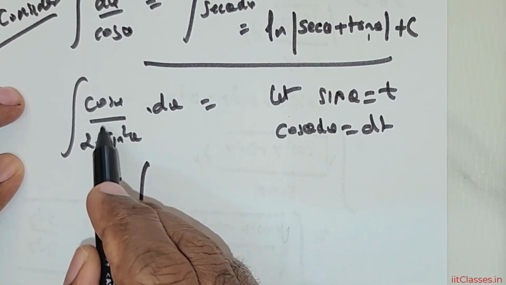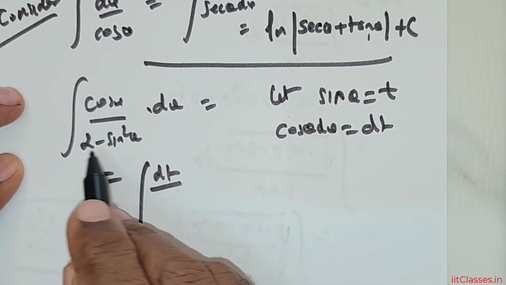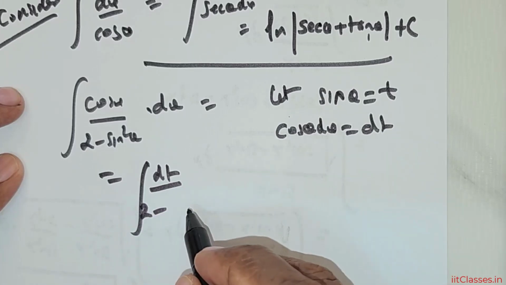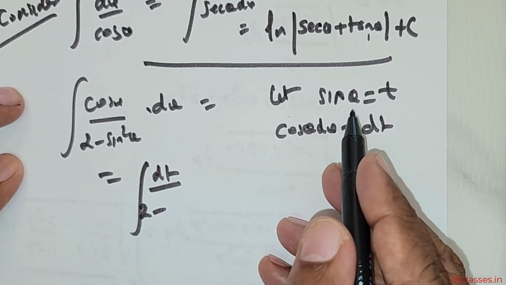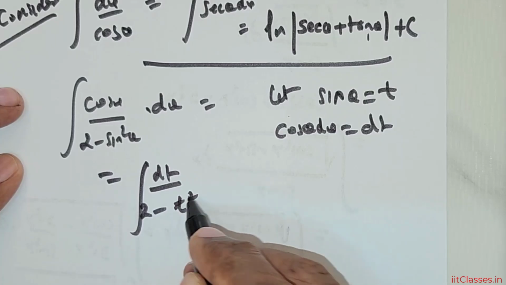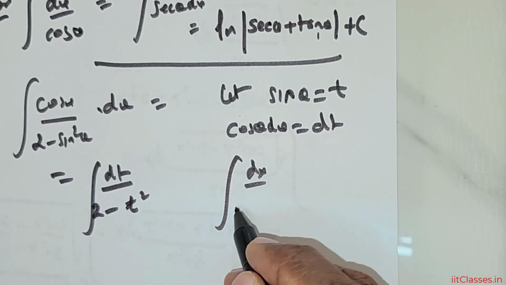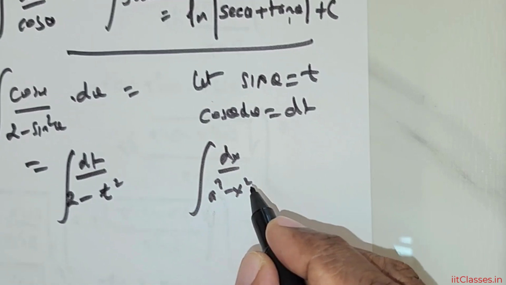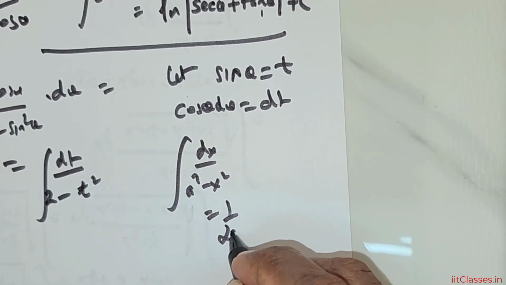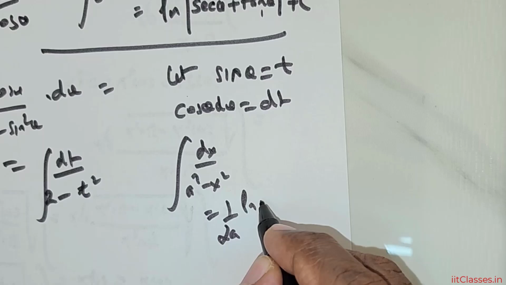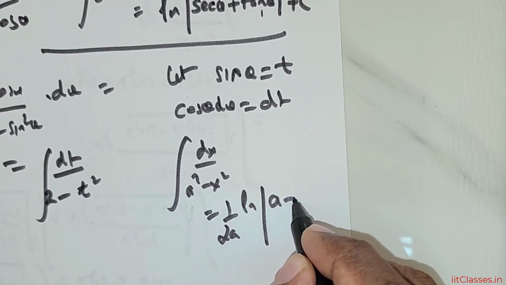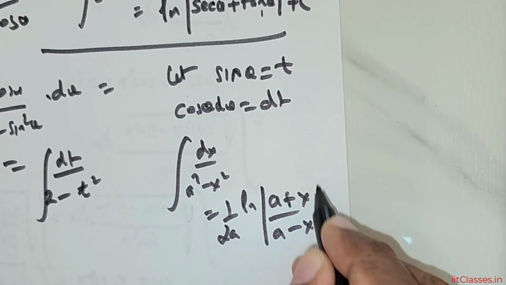So this is going to be, in place of cos theta d theta, it is dt, in place of sin theta, it is going to be t squared. Now this is similar to dx divided by a squared minus x squared, which is nothing but 1 over 2a ln modulus of a plus x divided by a minus x plus c.